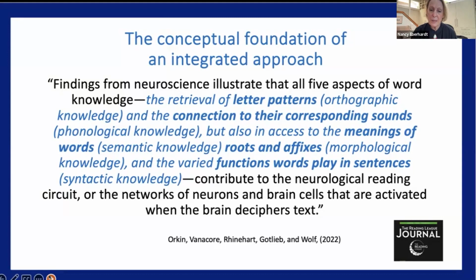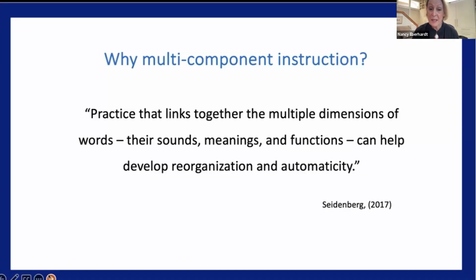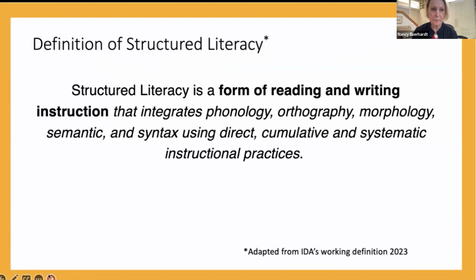We need to be covering multiple layers, multiple aspects of a word for students to become proficient readers, because we're building that reading circuit by dealing with the orthographic structure, the sound structure, the meaning, semantic, morphological. Practice that links together the multiple dimensions of words is what leads us to the reorganization in our brains and the automaticity that will get us to mastery.